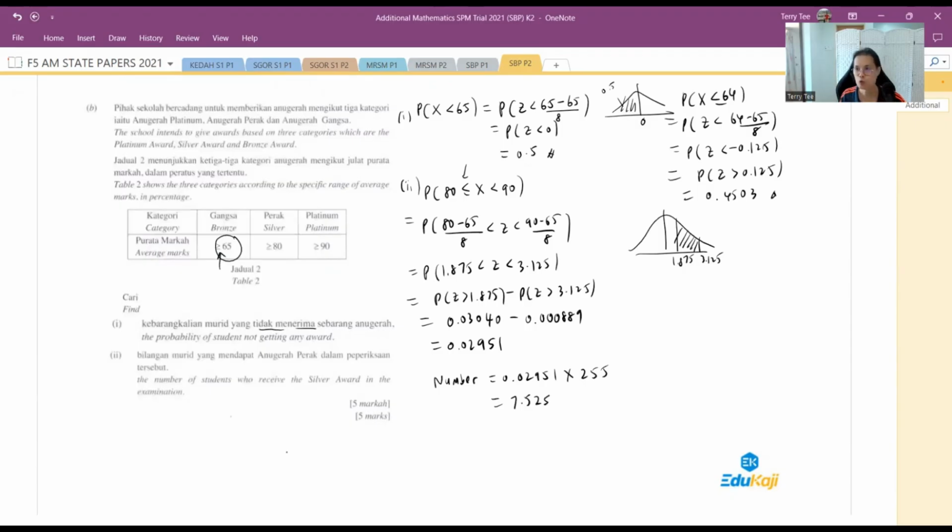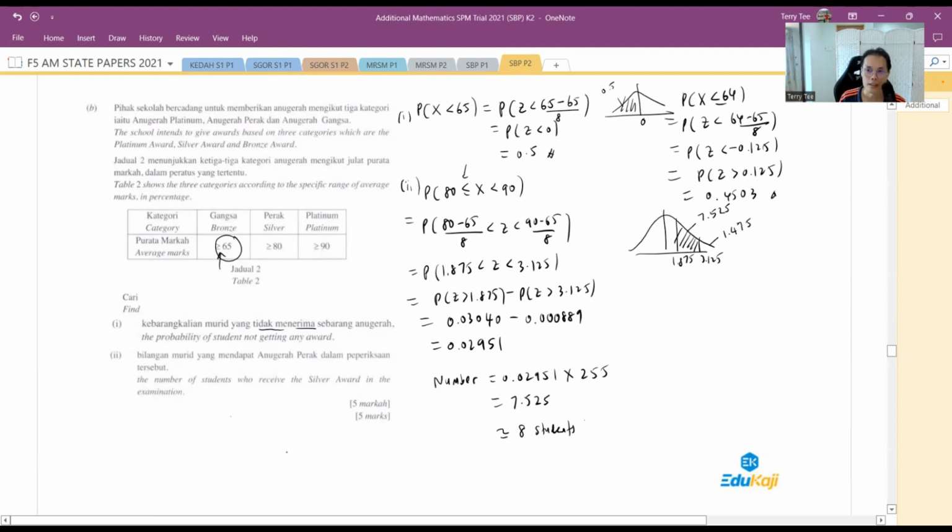Do you take 7 or do you take 8? The answer is we round off to 8 students. We take the nearest integer. Why? These are probabilities, right? Imagine the number of students who get silver is around 7.5, and say the number who get platinum is 1.4, this one is 2.5, and this would be 7.5.